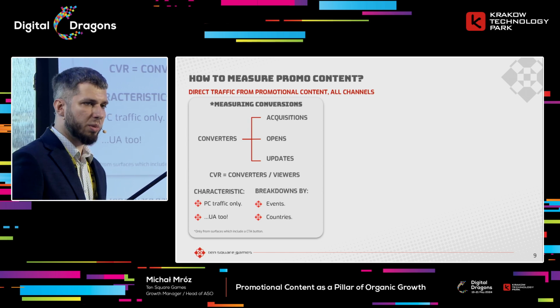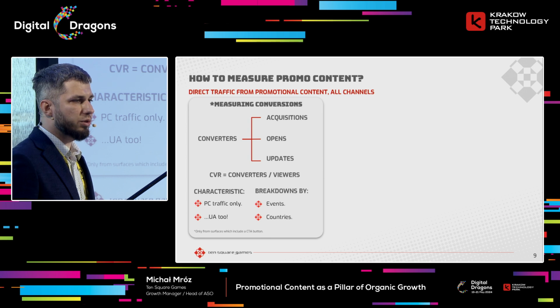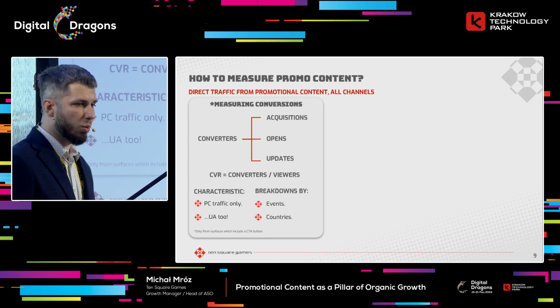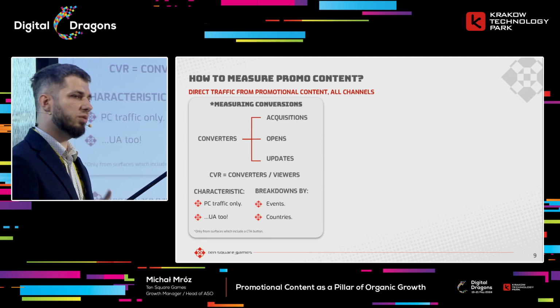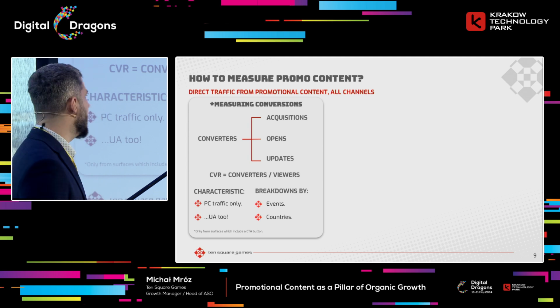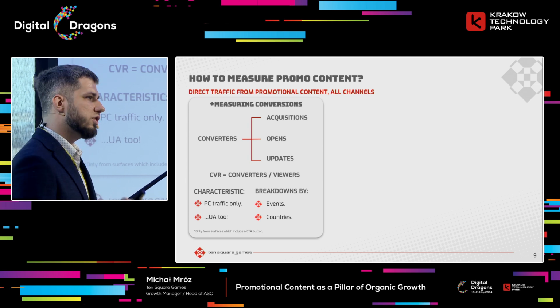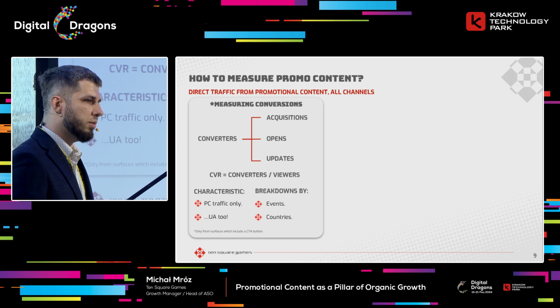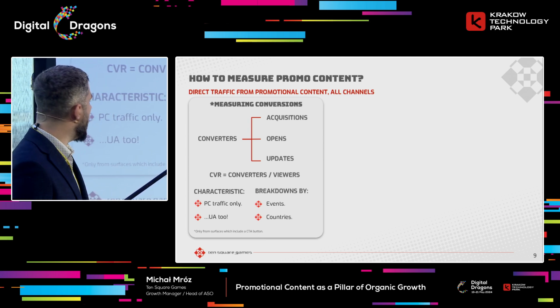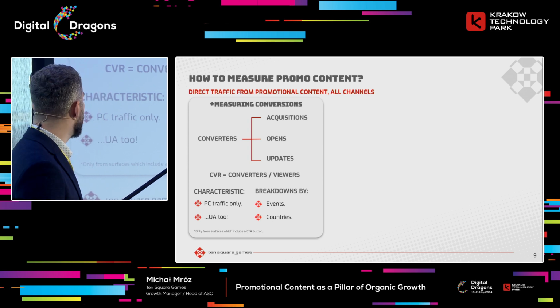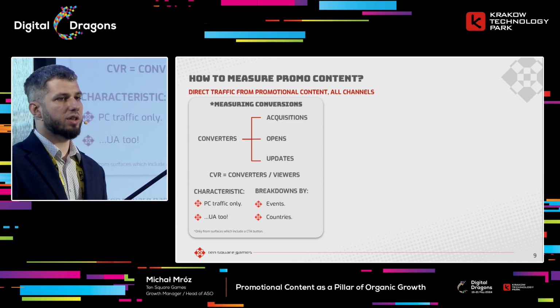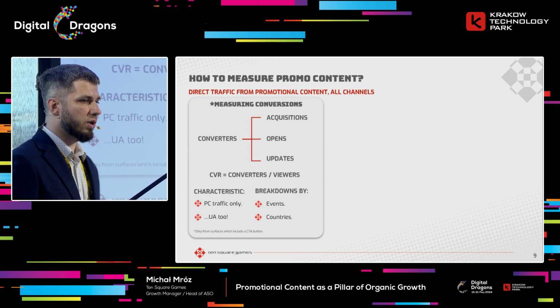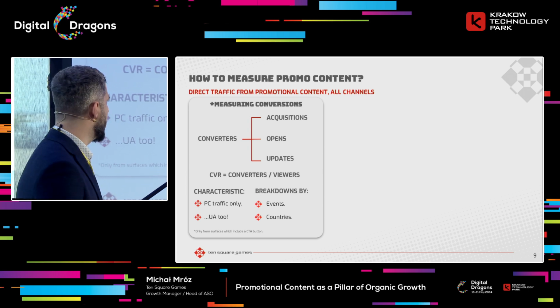Then you have app opens, which are also users who had the game before but opened it through promotional content because they found it quite interesting. And then updates, which is quite similar because these users had your game before, but they couldn't open it before making an update. And then all of these are turned into converters.